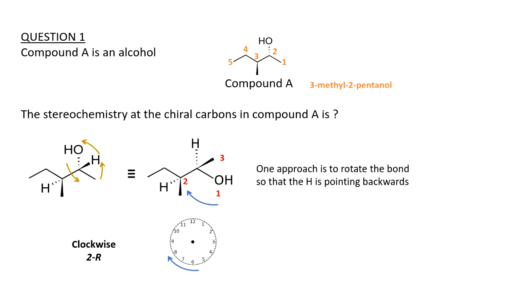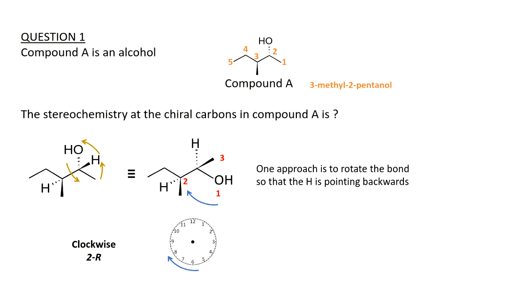Now, if you recall your Cahn-Ingold-Prelog rules, when we're trying to determine whether a chiral carbon is R or S, we have to draw or rotate the molecule so that the atom with the lowest priority is at the back. Now, the hydrogen is not shown, but is a hydrogen present on carbon number 2.